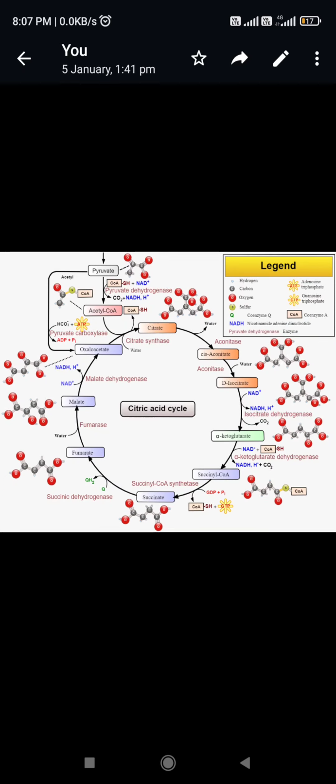So the malate is oxidized or dehydrogenated. Here in the presence of NAD, it is converted to NADH. During this process, malate is converted to oxaloacetate. So this is the final step of the Krebs cycle, which again is converted to citrate.